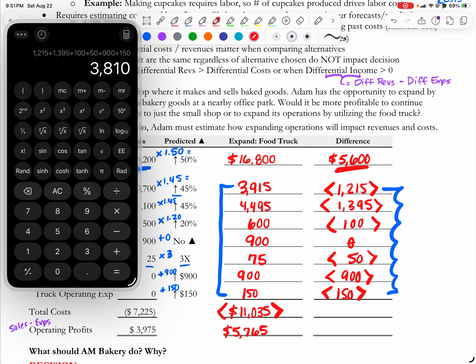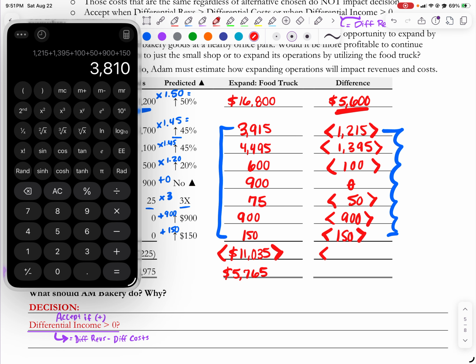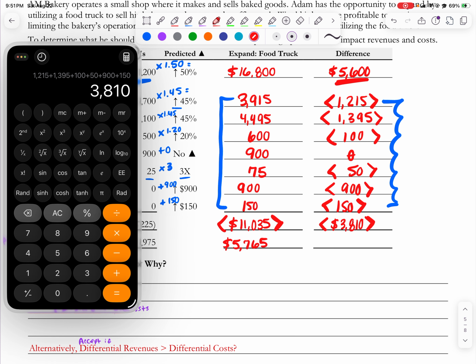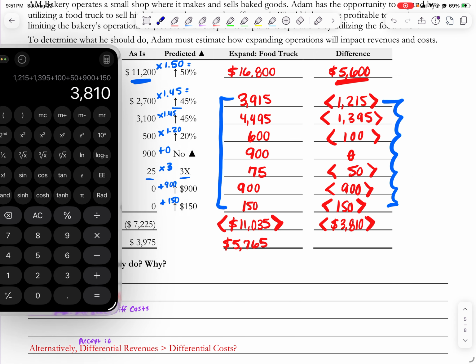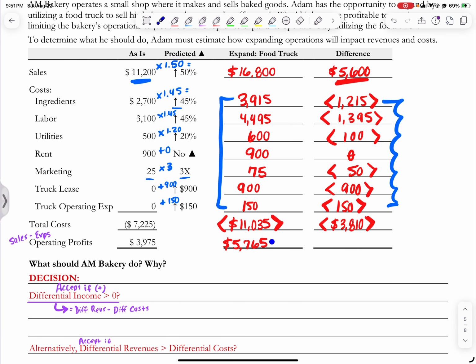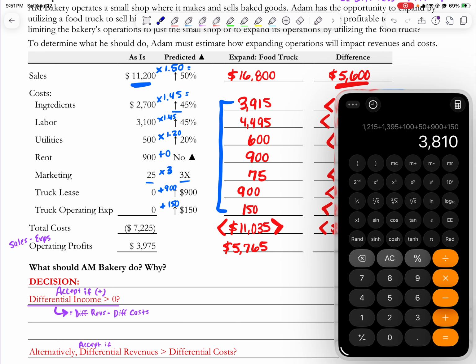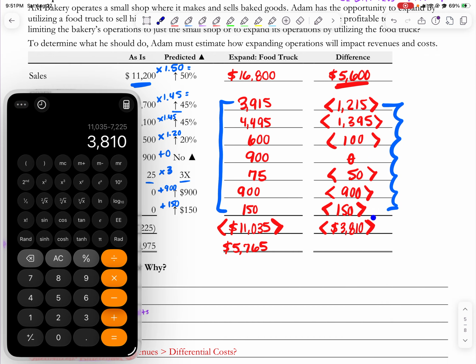In total, differential costs of 3,810. Note that should also be the same if I took that 11,035 minus the 7,225, 3,810.